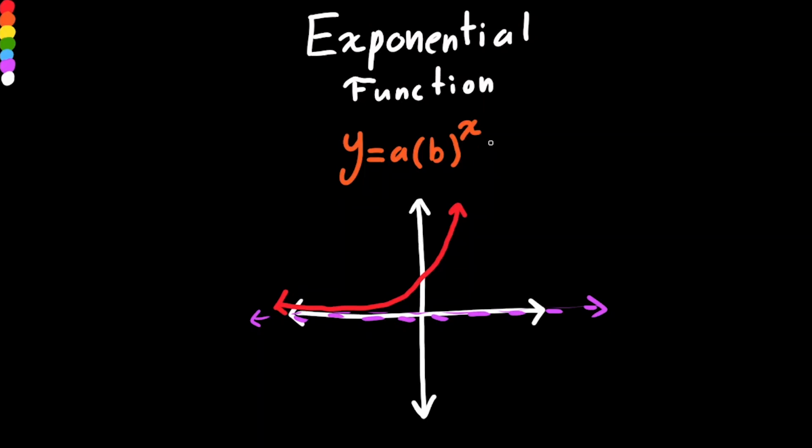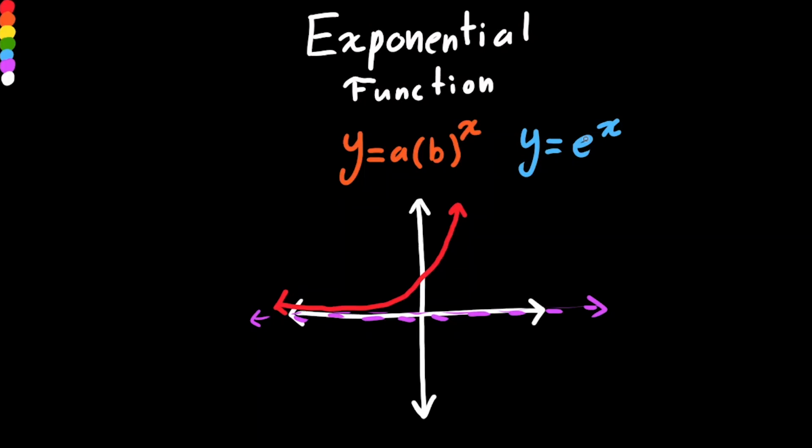This is just one of the more common forms, y is equal to a times b to the x power, but you will also see its parent function, something like y is equal to e to the x, where e is Euler's number, the constant of growth. It is actually a very interesting story as to how we found it, but that's something for later.